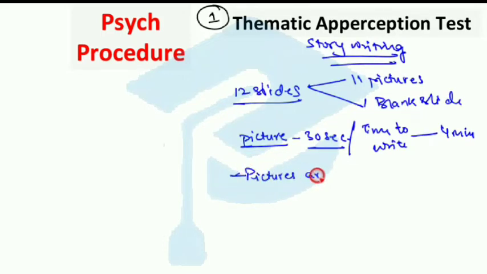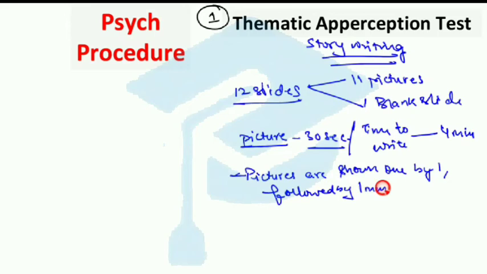Pictures are shown one by one, followed by 4 minutes to write the story. So this is how it proceeds.